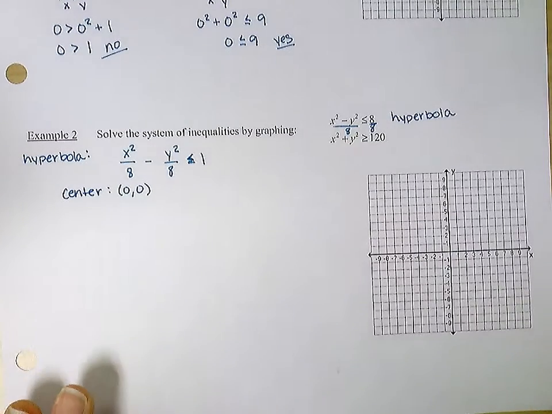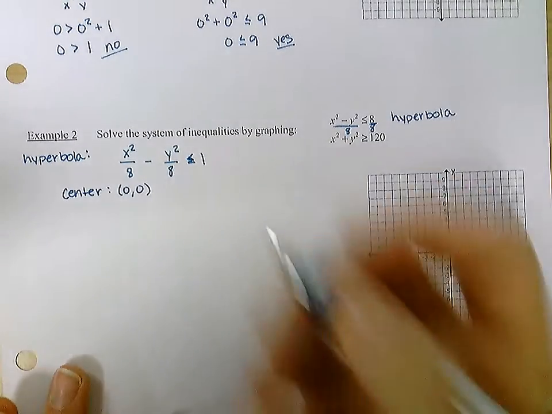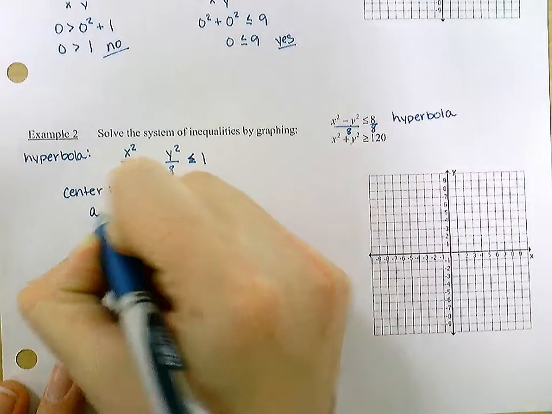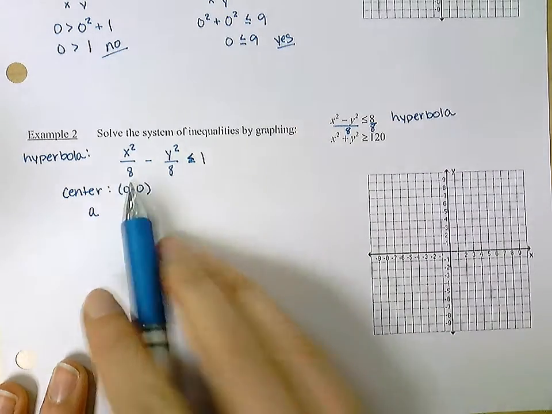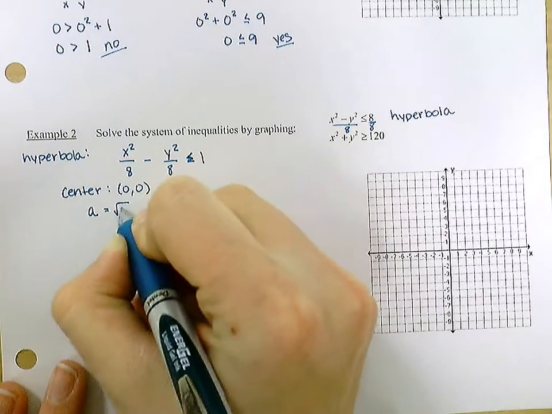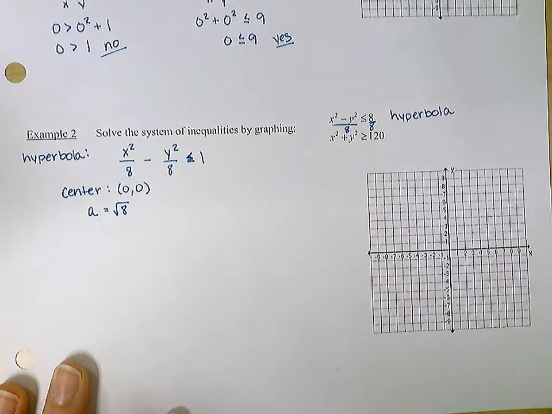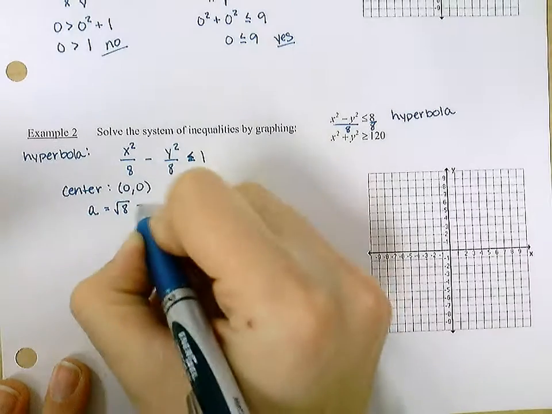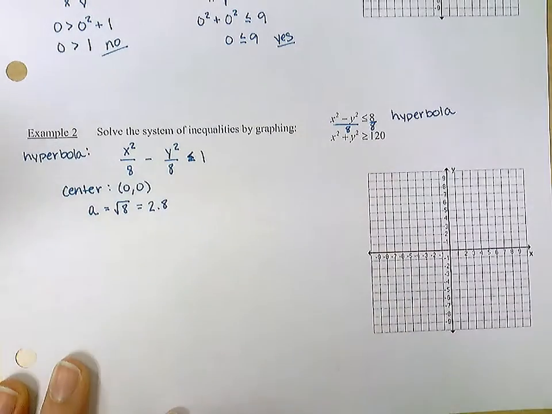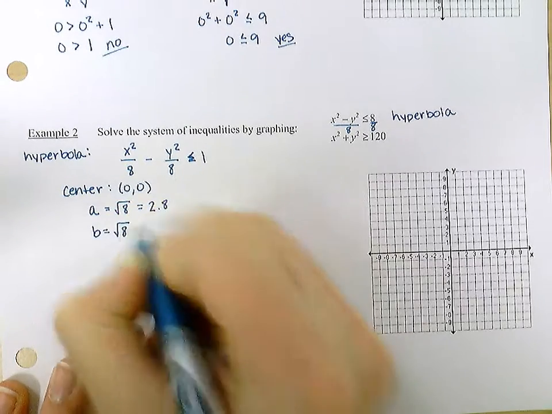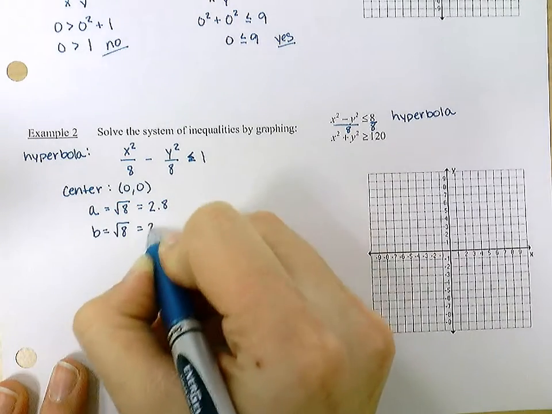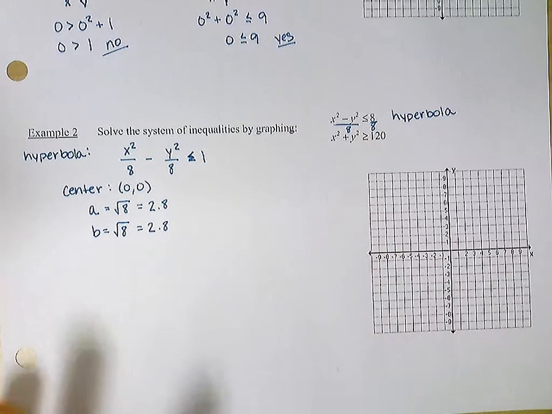Okay, center is at 0, 0. Your A value is the square root of that first one. Okay, that's about 2.8. Same thing with your B value. It's the square root of that second one. It's about 2.8.